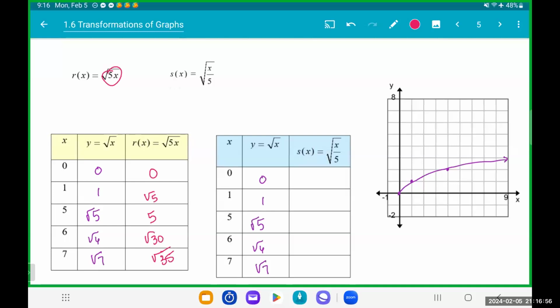And so when we graph that, we have 0, square root of 5 is a little harder to define, but we could do 5, which is 1, 2, 3, 4, 5, and 1, 2, 3, 4, 5. Okay. And so what do we end up with here? It's a graph that looks something like this.